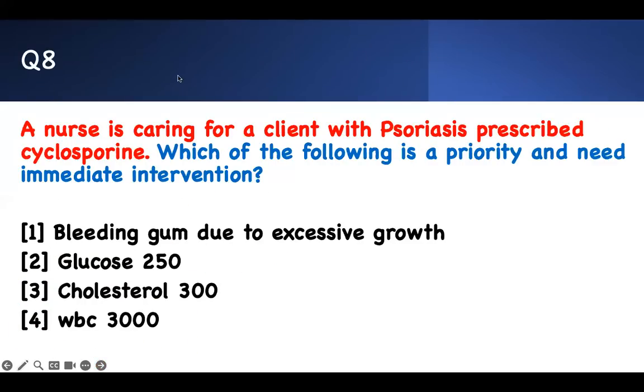Number 8. These are short questions, straightforward, I made to emphasize the points I've presented. Which of the following is a priority and needs immediate intervention? And this is caring for a client with psoriasis and prescribed cyclosporine. Cyclosporine is Sandimmune, right? That is the side effect.